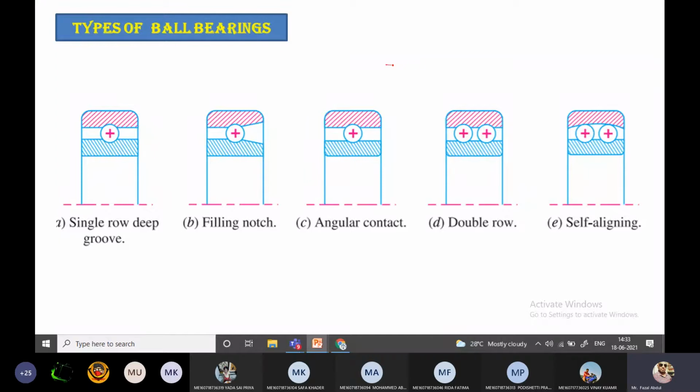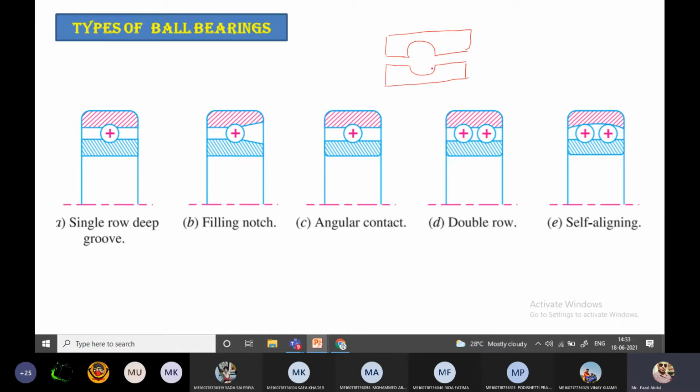So I am drawing here. This is the inner ring and this is the outer ring. The outer ring is acting as a casing and this is the mounting one.